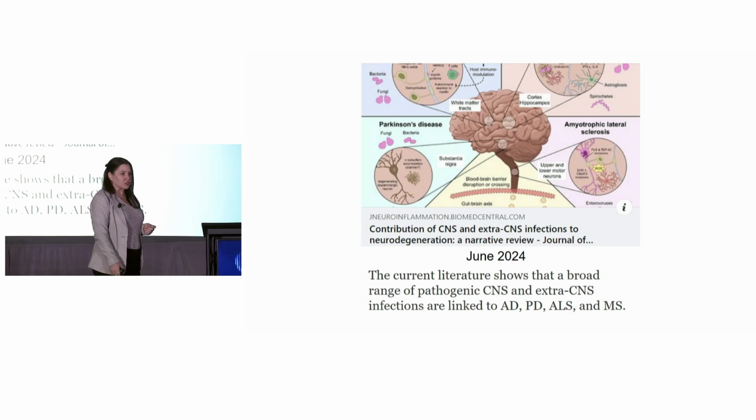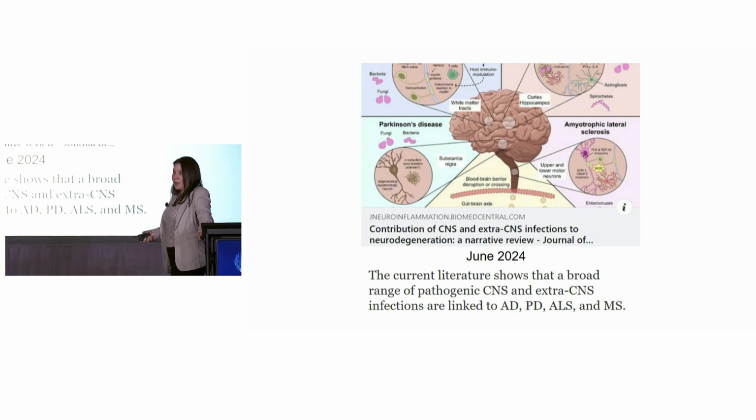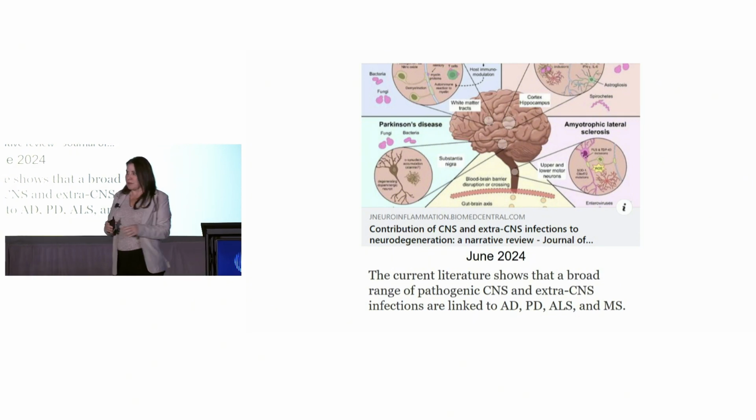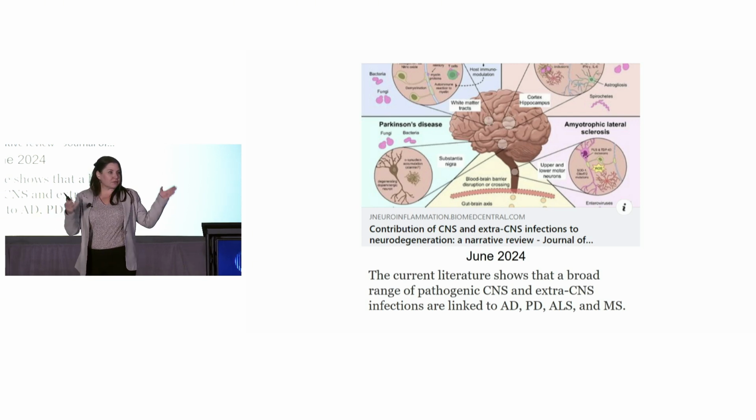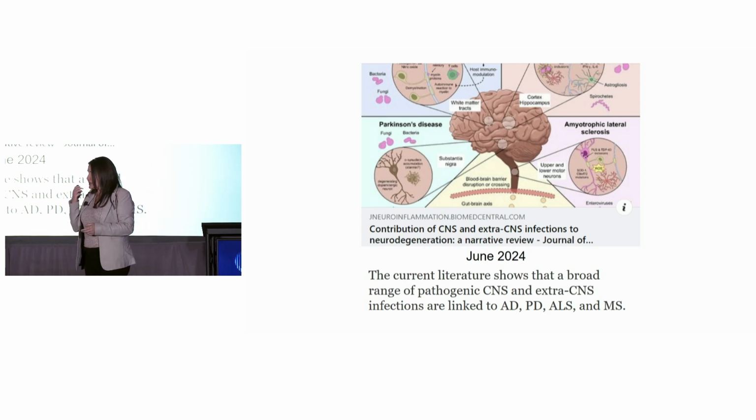It's pretty tough to go after infections in things like Alzheimer's, Parkinson's, ALS, and MS when the general consensus from the field of neurology is that infections are not playing a role. However, that idea has been kind of walked back over the course of the last year, certainly. And so the proof that we were looking for, the consensus that everybody was waiting to hear, is now available.